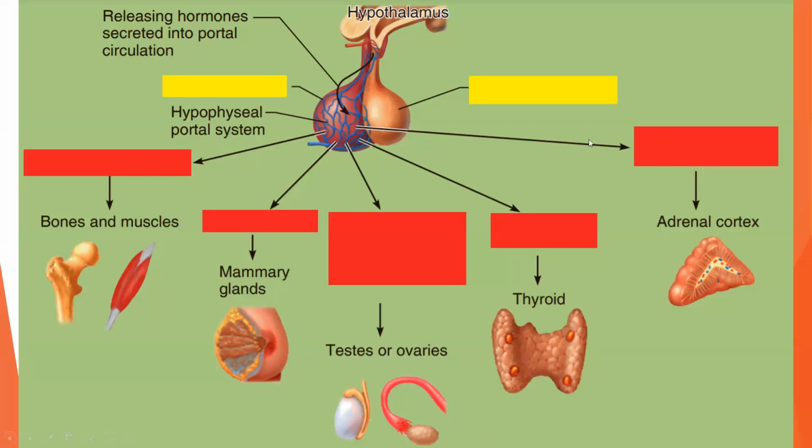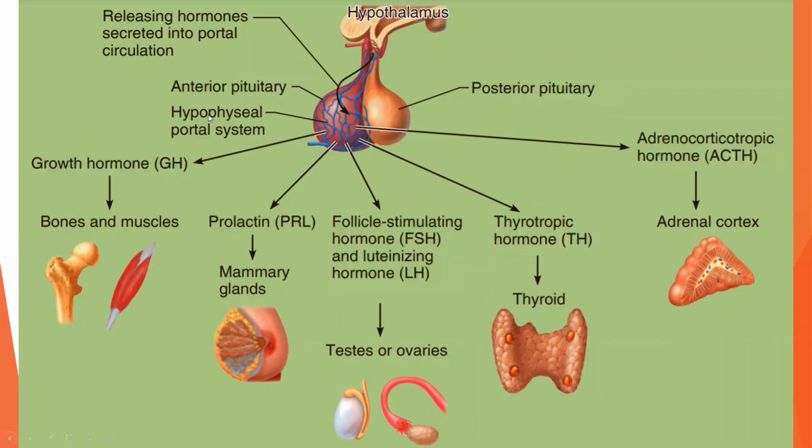So we're looking for the hormone responsible for activating your adrenal cortex. That's correct. Still produced from the anterior lobe of your pituitary gland is your adrenocorticotropic hormone, otherwise known as ACTH. And that summarizes the different hormones produced by your anterior pituitary gland.